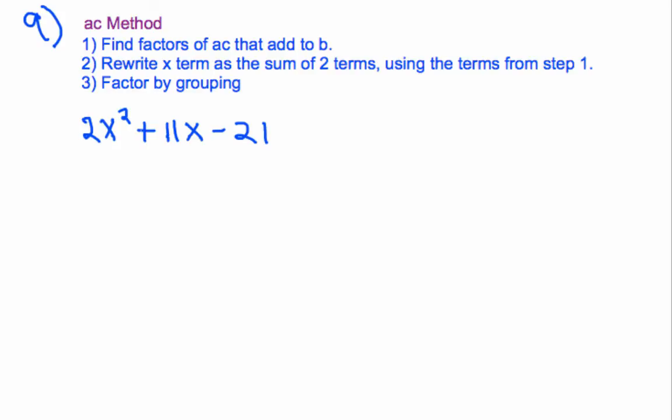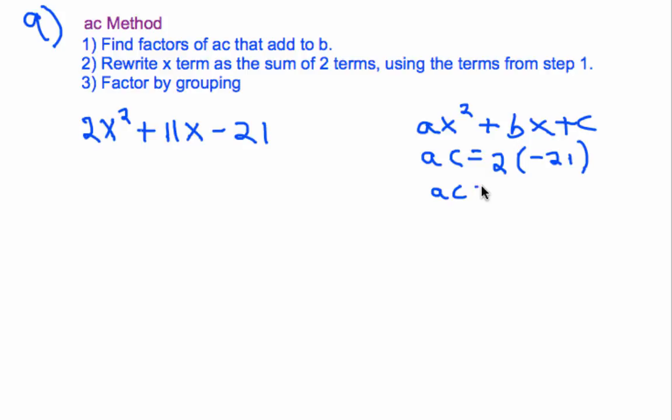Factoring using the AC method begins with finding factors of AC that add to B. Now, as we mentioned earlier, the form of a quadratic trinomial is ax squared plus bx plus c. In this case, our a is 2, so AC is going to equal 2 times our c, which is negative 21.